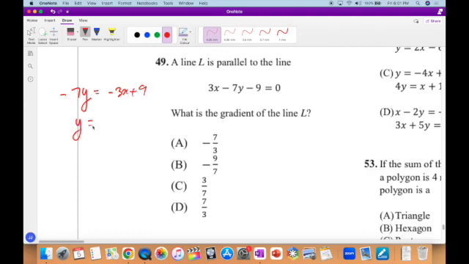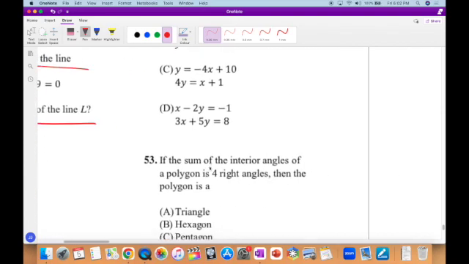So y will be 3 over 7x minus 9 over 7, because we divide the whole thing by 7. Remember, it'll be positive 3 over 7. So if the line L is parallel to this line, then the gradient of the line L would have the same gradient because it's parallel, 3 over 7.